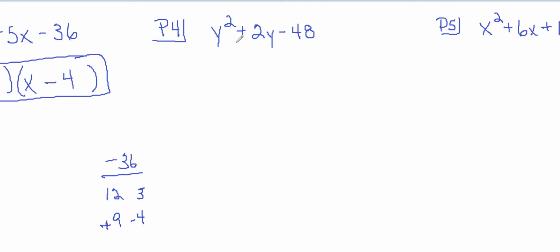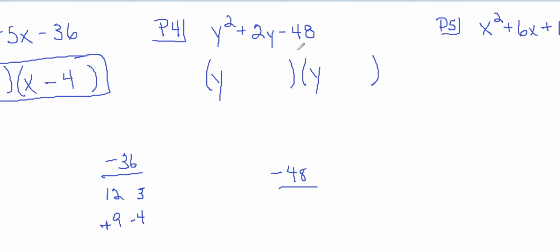Next. Practice problem 4 is this one here. Let's see what we come up with here. So this time we're dealing with y's. Negative 48 is my number. And I got a difference of 2 here this time.